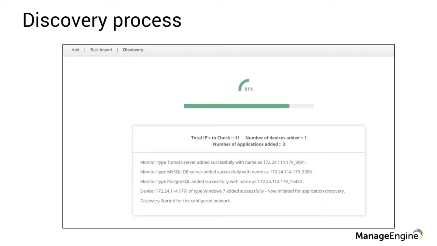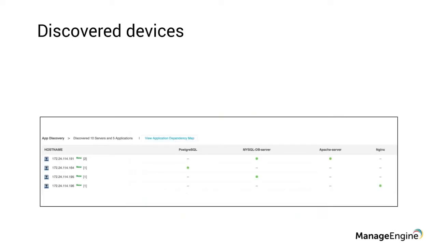Now, this is a screenshot which clearly depicts that Applications Manager is currently discovering certain resources which need to be added within the product. Once again, if I show you the screenshot right here, once the applications are discovered, this is exactly how Applications Manager lists these discovered devices.